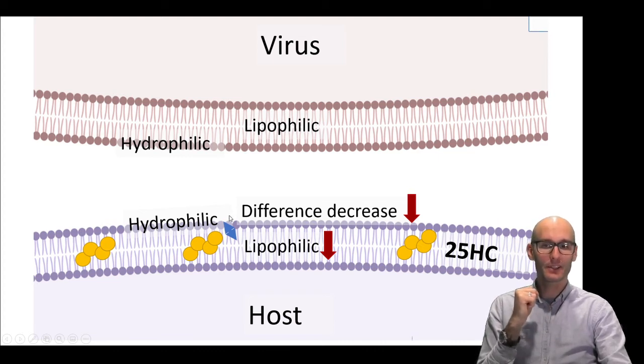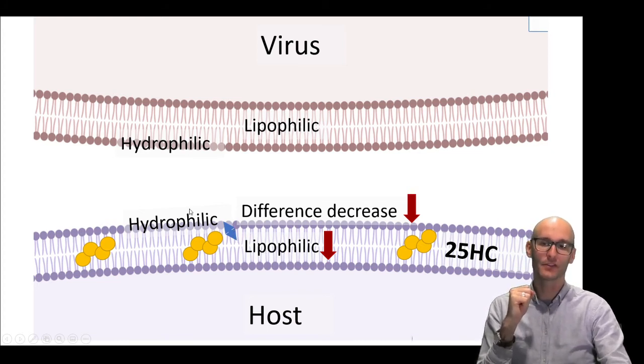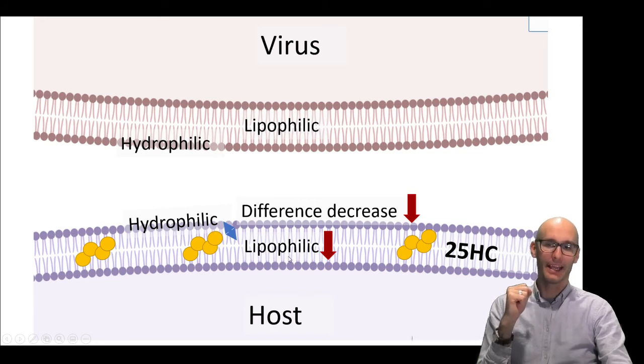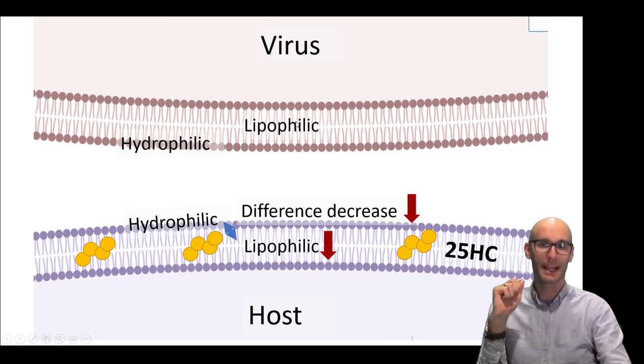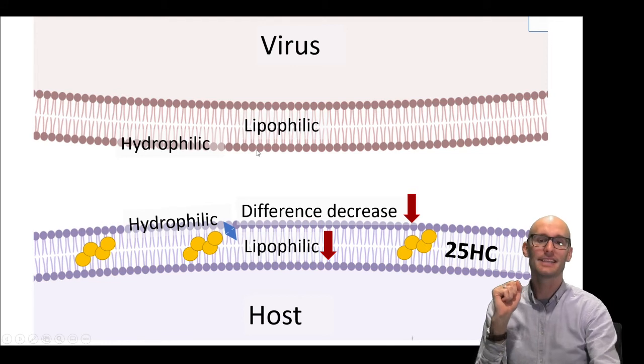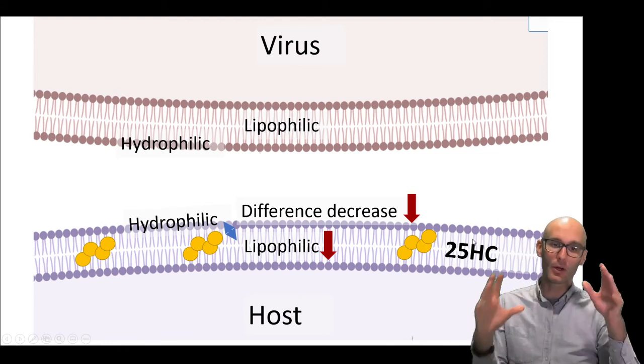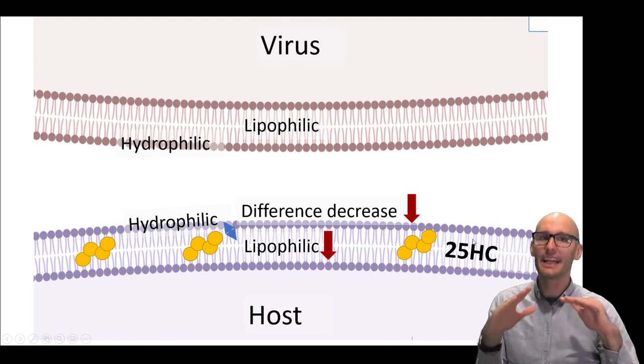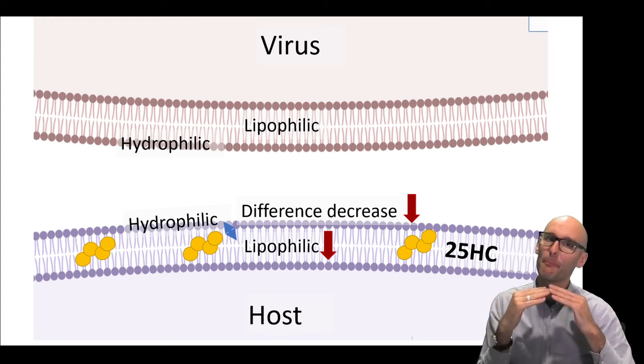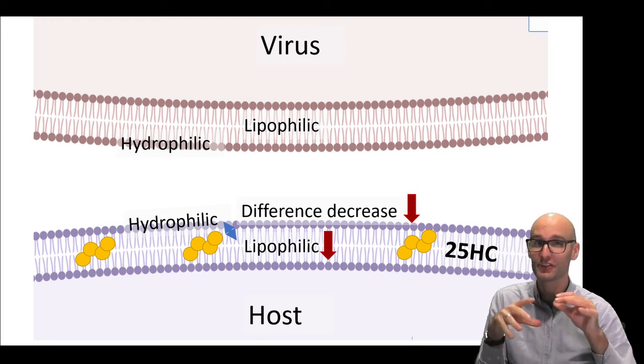So the difference here between how repelled this lipophilic domain is from this hydrophilic domain, and how attracted this lipophilic domain is to this lipophilic one, decreases. Now, I will say this is leading edge research, and so this is our best guess at how this works, but research is ongoing.